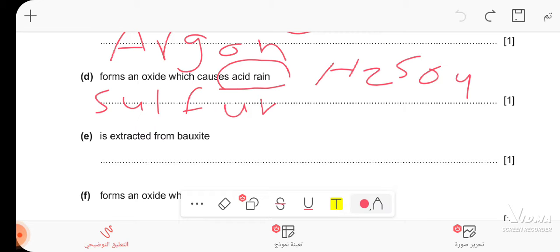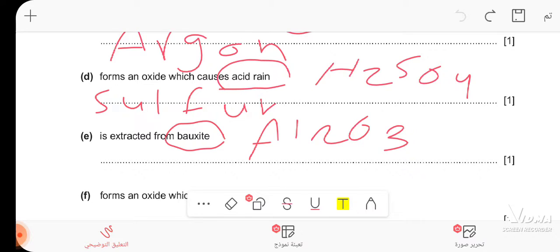Is extracted from bauxite. Bauxite, as you know, is the ore, the raw material for making aluminum. You have to memorize it well because it will come in the next exam, inshallah. Bauxite is Al2O3. This is the formula of the ore bauxite, which is used in extracting or producing aluminum.